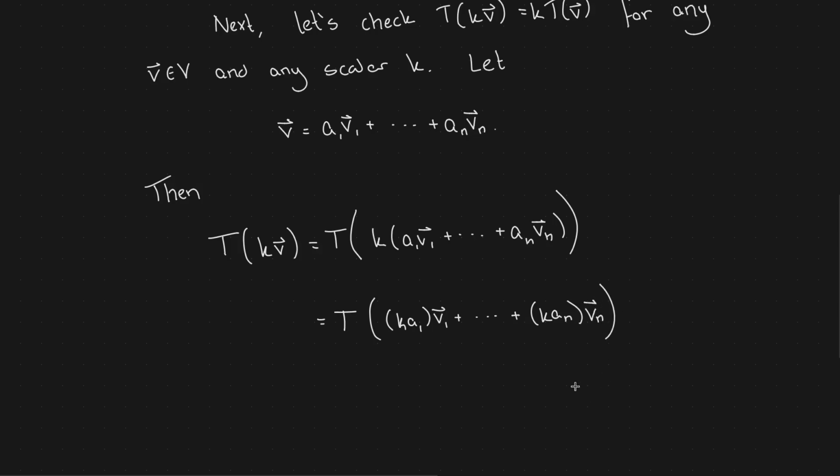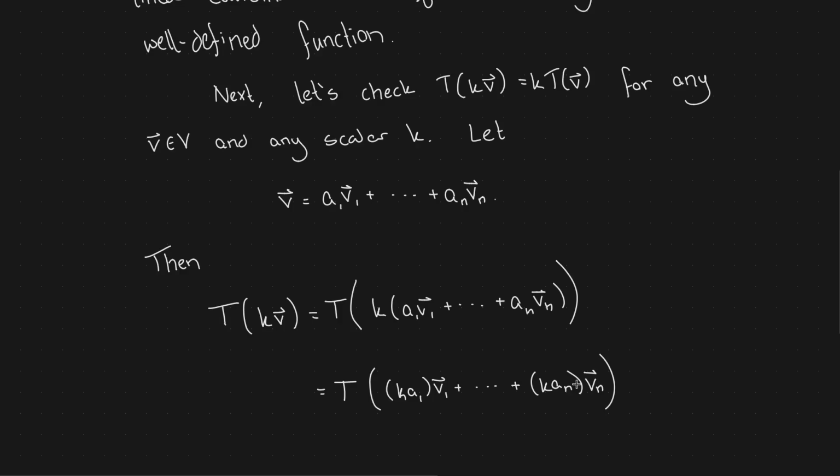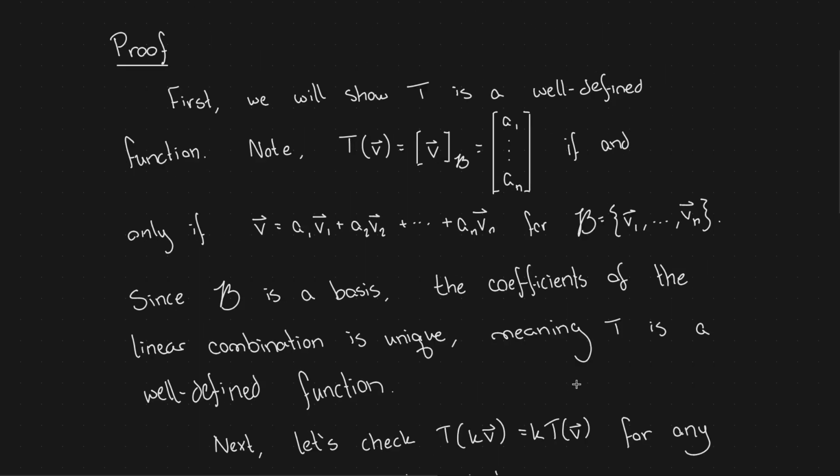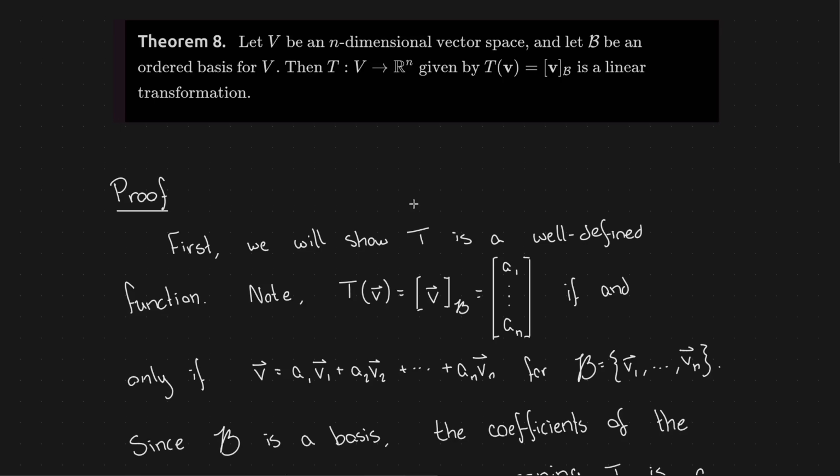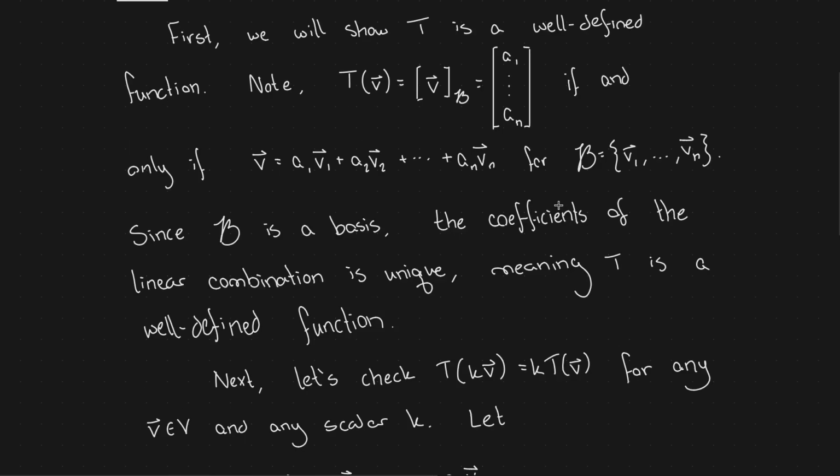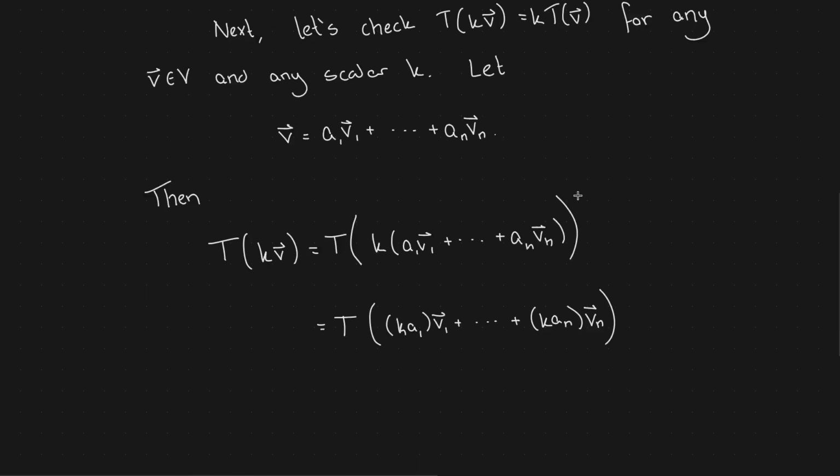right? Now let's go ahead and take the transformation. Now, the transformation here, remember, is going to be the coordinate vector of the vector inside, which is just going to be the coefficients of the linear combination of these basis vectors, right?